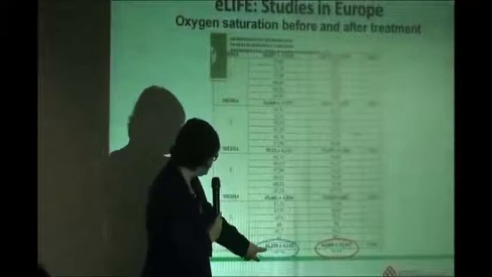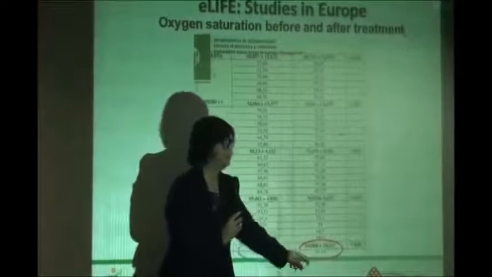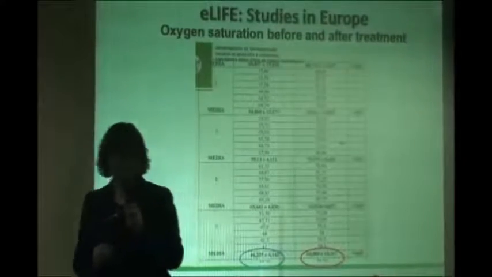So the average in this group, see here, is 46,000, and this is 64,000. It's a big difference, right? Yeah. So the oxygen situation is actually improved by using this eLife. Although you don't feel any stimulation, it can really change the oxygen situation.